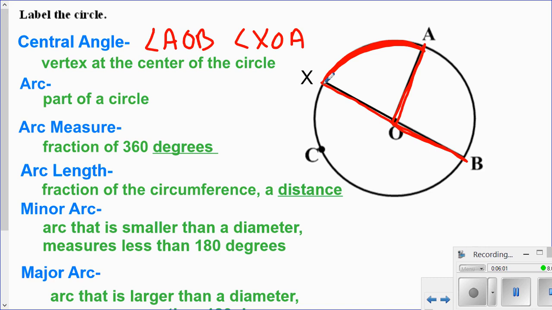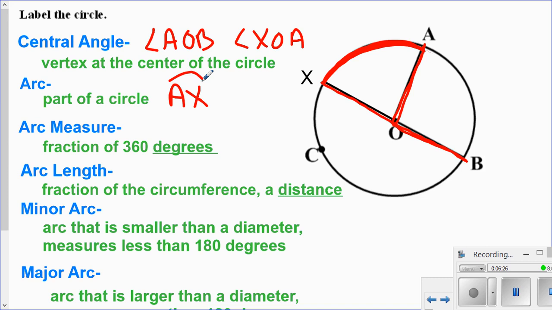The way that we would label that arc, I would call that arc AX, and I would use the little arc symbol. That's the symbol that we use to indicate an arc. Now, arcs have two different things. They have measures and they have lengths. And we'll talk more about both of those as we go on.